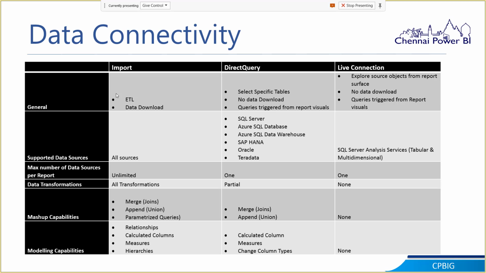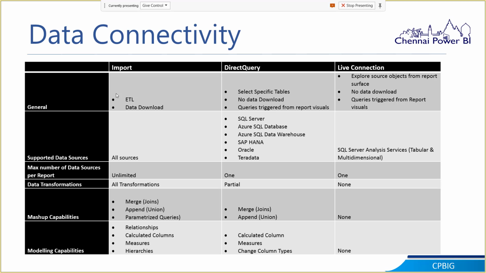The rest of the transformations, which are available by default in Power BI Desktop, won't be supported. And for live connection, you will not have an option to see the transformations at all. You can't create or modify anything on live connection.